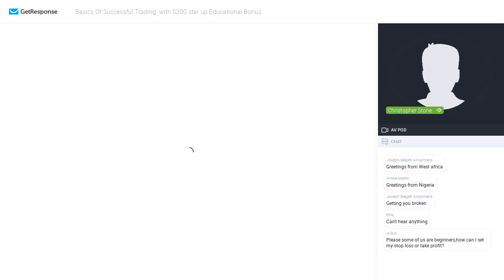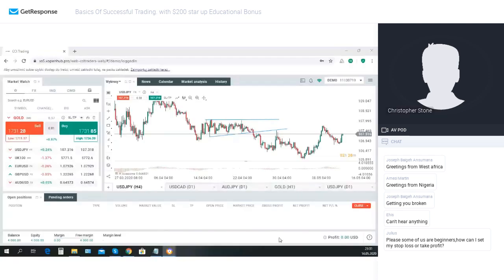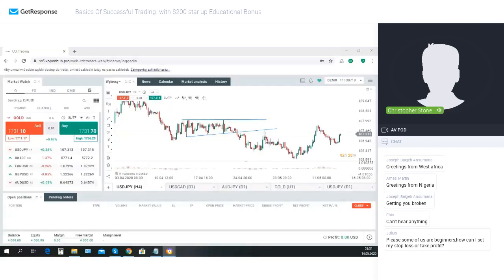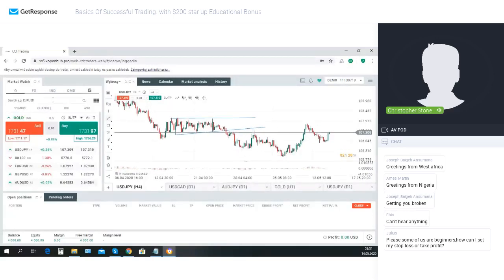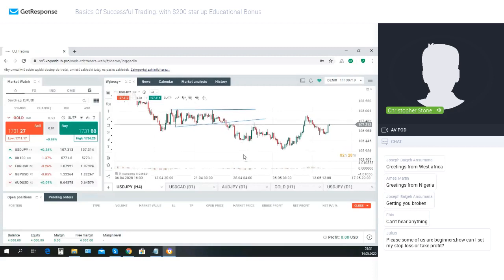Okay, I hope you are seeing this. So for example, we are looking at the chart of dollar to yen. If our strategy is saying, okay, now we are supposed to buy.